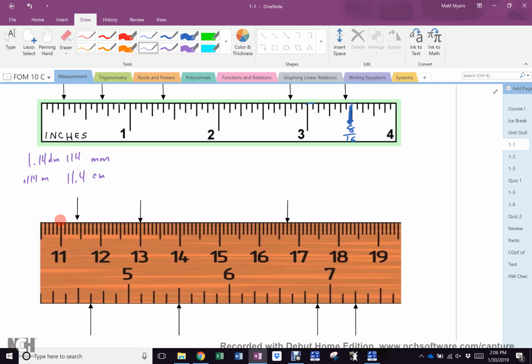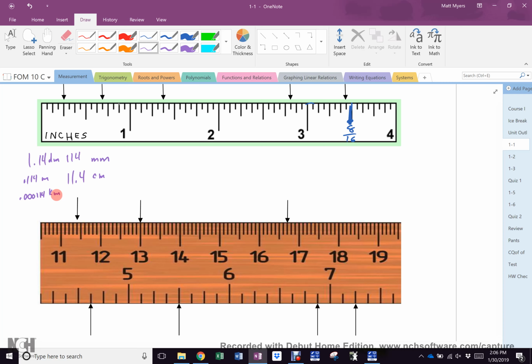Kilo means what? 1,000. So how many more zeros do I need to add? 3. So this is 0.000114 kilometers. But that's a math class question, right? That's not a real life question. You would never give me that distance in anything but centimeters or millimeters, right?